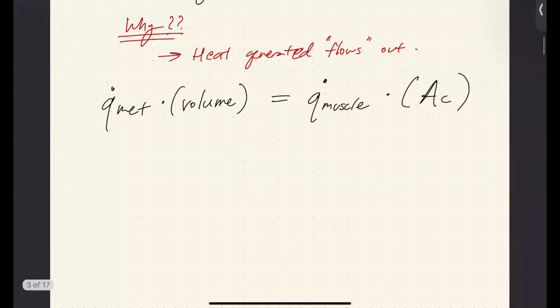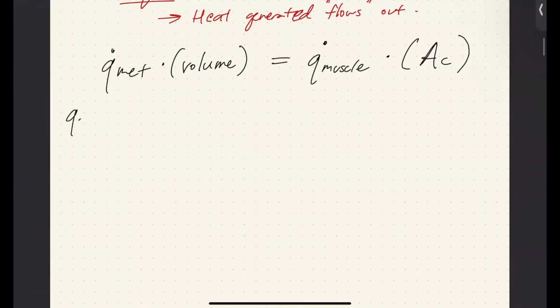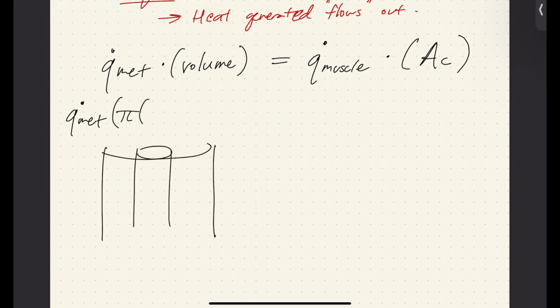Let's see the math. So we have our Q metabolism times our volume. We know the volume of this layer is going to be pi, and let me just draw it again really quickly to show you. This is r_B, this is r_M.